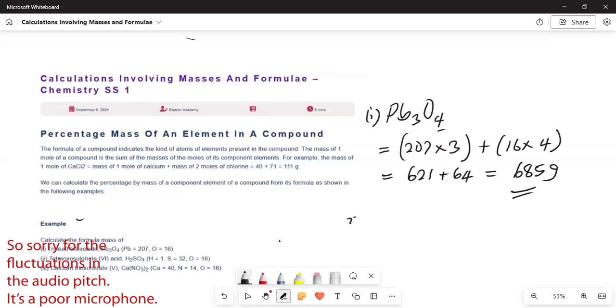Then question II, tetraoxosulfate(VI) acid, which is H2SO4.